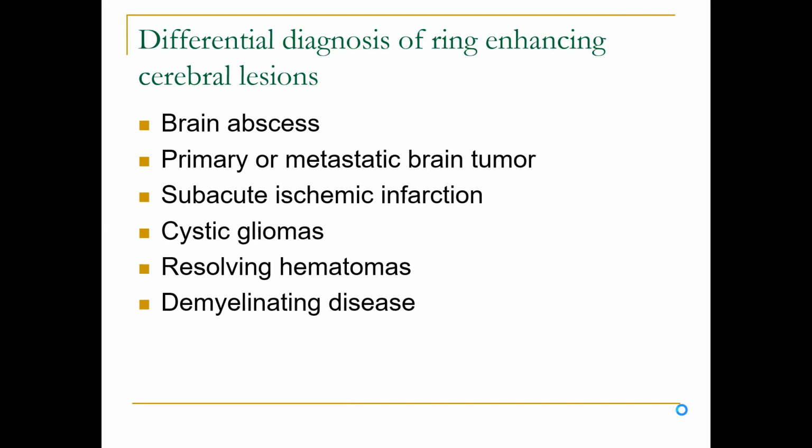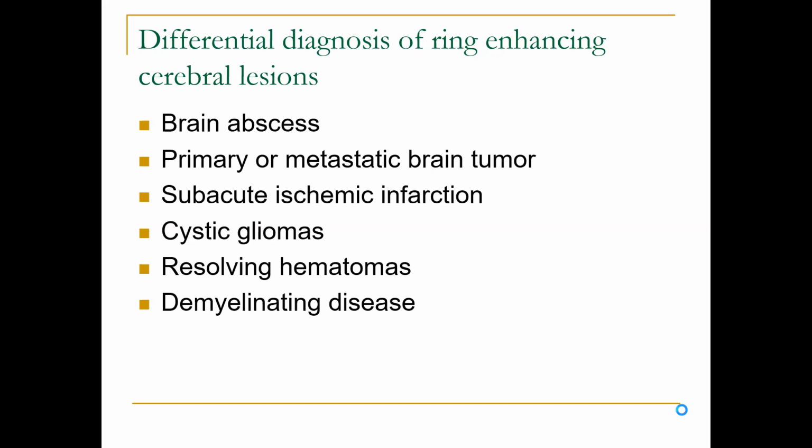The other differential diagnosis for a ring-enhancing lesion is subacute ischemic infarct, which you can differentiate on FLAIR image. And as I mentioned earlier, cystic glioma is also a differential diagnosis for a ring-enhancing lesion. But in that case, the capsule will not be smooth and there will be a cystic-solid component.